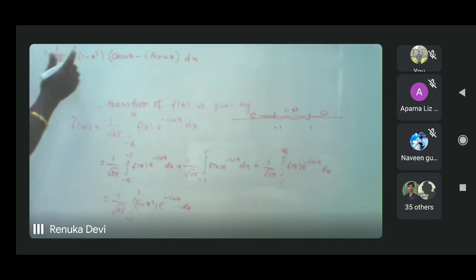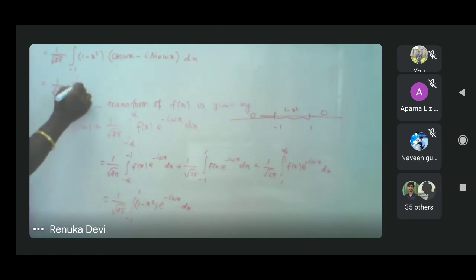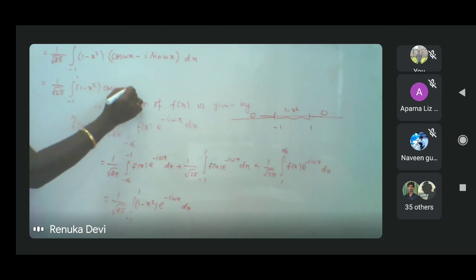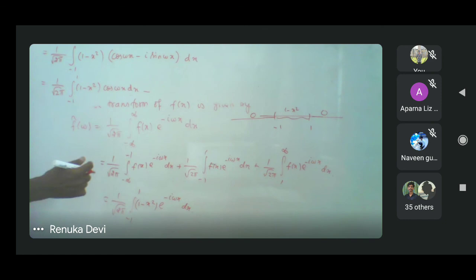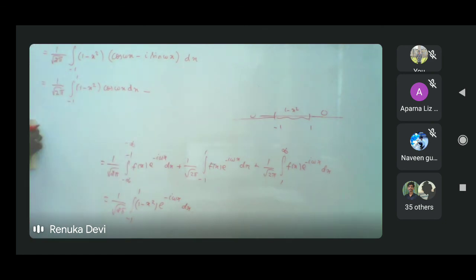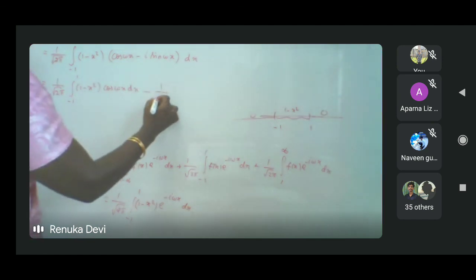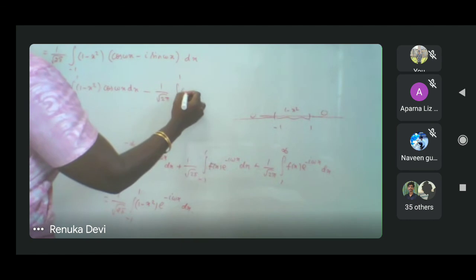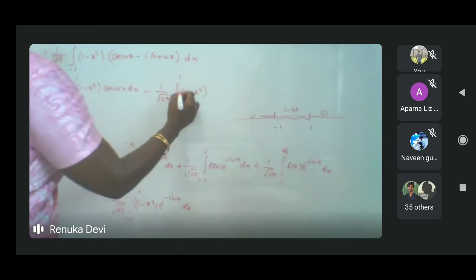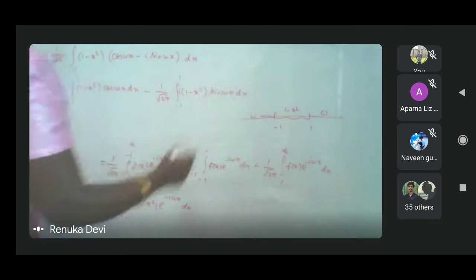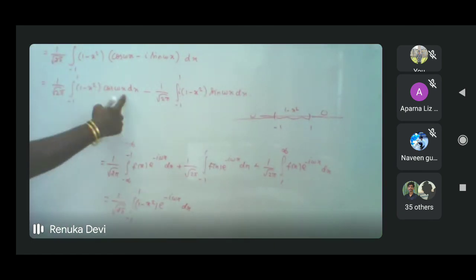That is, 1 by root 2 pi integral from minus 1 to 1 of (1 minus x squared) cos wx dx minus 1 by root 2 pi integral from minus 1 to 1 of (1 minus x squared) i sin wx dx. But here if you check, this is an even function, this is an odd function.